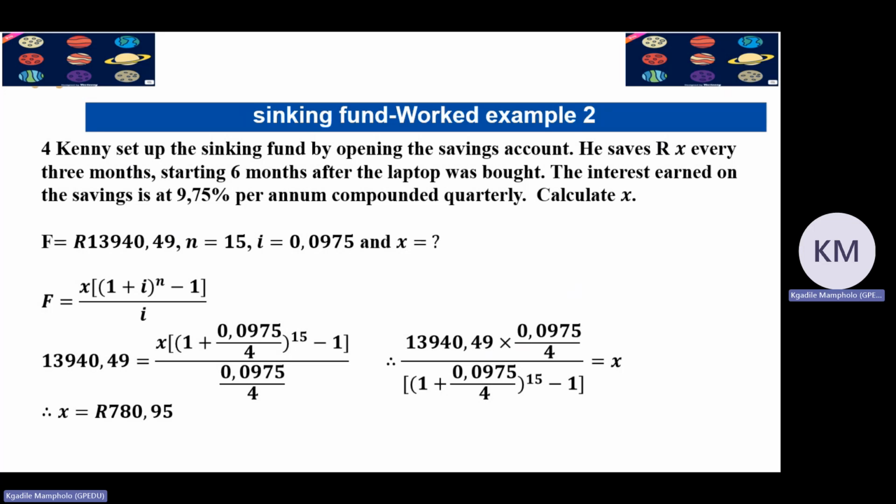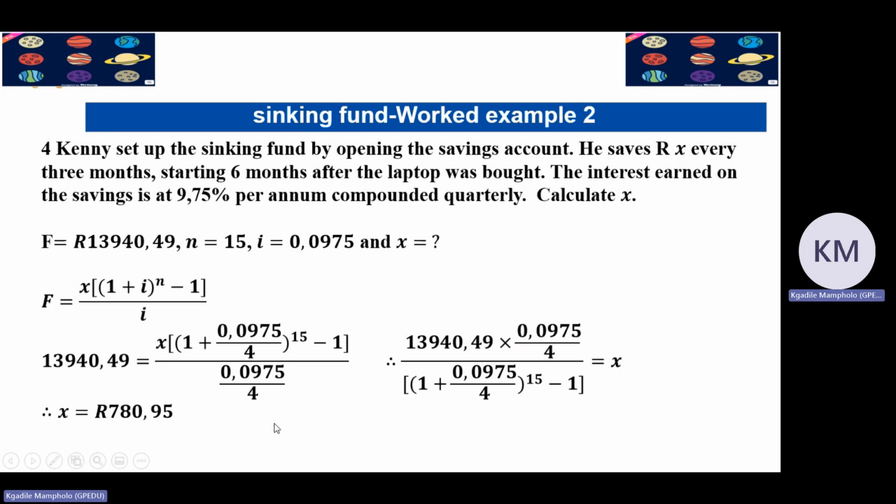Then you say minus 1 because you missed the first quarter. Then N will be 15. Then I will be the rate, the interest rate earned on the savings. Then you substitute here, then you cross multiply to get the value of X.